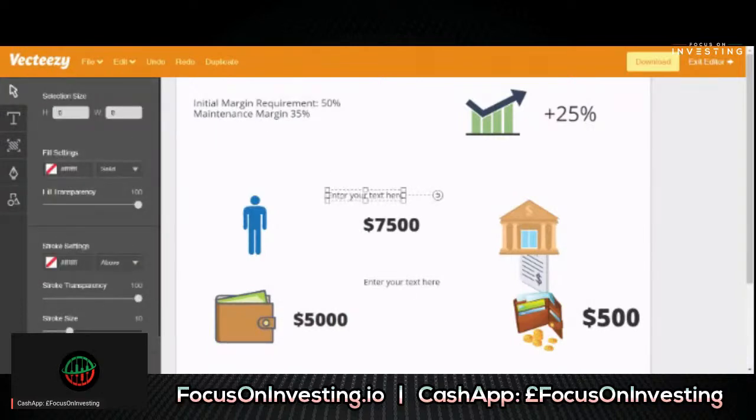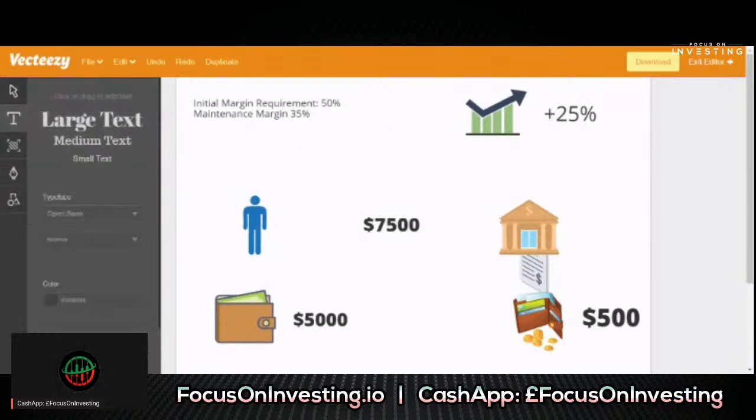Let me get rid of this. So let's go back to our example now. Let's say, for instance, rather than the market being up by 25%, the market went down by 25%, right?